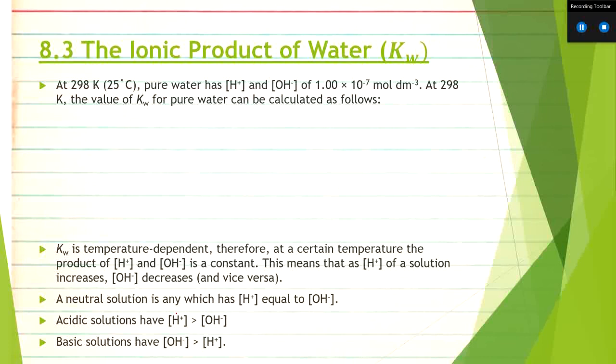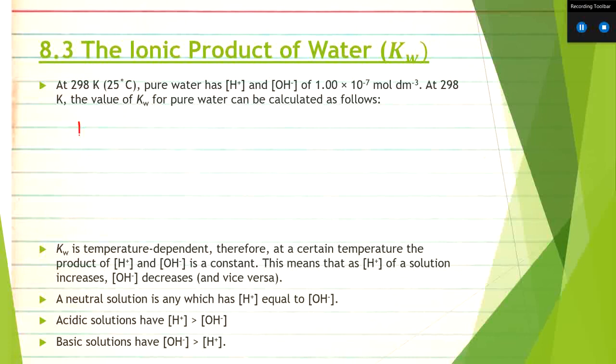Now, being an equilibrium constant, we know that it has to be a specific value at a specific temperature, and that it is temperature dependent. So changing the temperature does change the value of Kw. So pure water at 25 degrees, though, the hydrogen ion concentration and hydroxide concentration are both 1 times 10 to the negative 7.